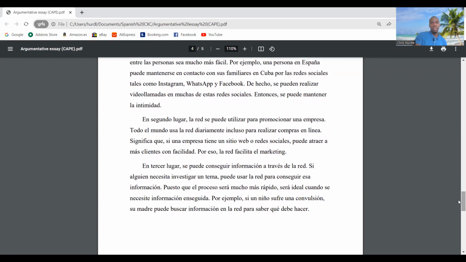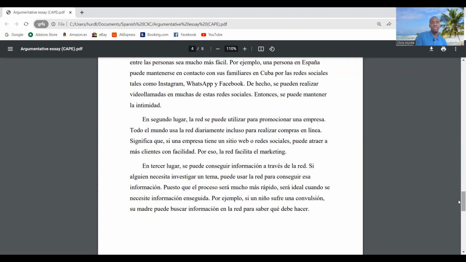Okay, third point. En tercer lugar, se puede conseguir información a través de la red. Thirdly, information can be obtained through the internet. Si alguien necesita investigar un tema, puede usar la red para conseguir esa información.